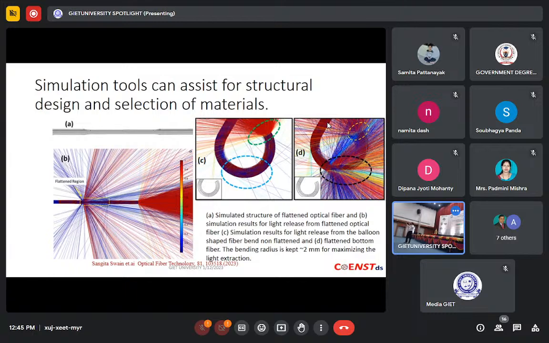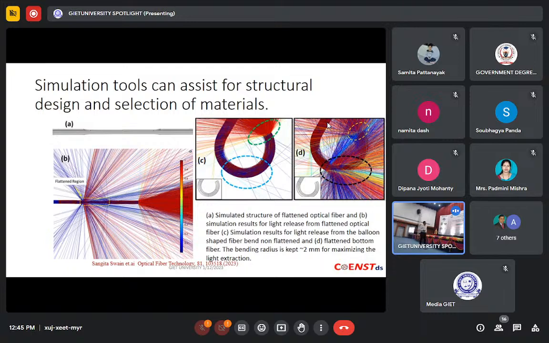Similarly, you take this fiber, make it flat at a certain position, and make it into a balloon again. Is there any difference between these two? Take a straight fiber and make it a balloon. Take the same fiber, flatten a small portion of it and make it a balloon. Then is there any change in the light which is coming out from this fiber?